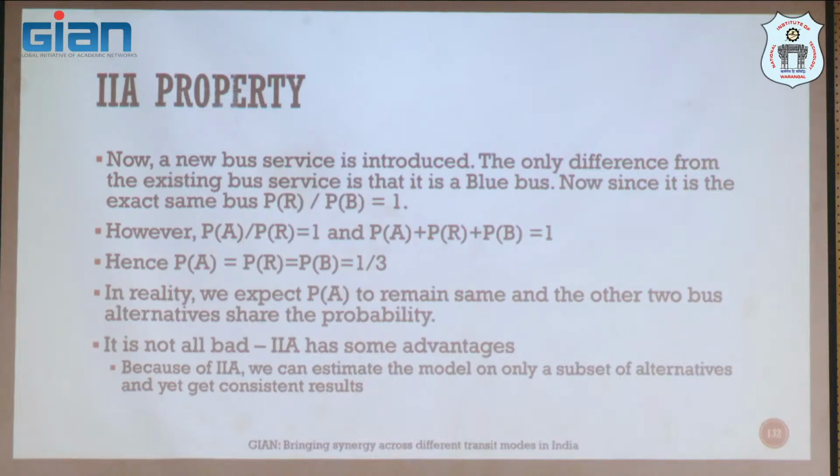As we want to do more detailed models, the number of traffic analysis zones that we want to use is increasing. For example, in Dallas, we use a 5,000 zone system. There are current cities with 8,000 zones. So, theoretically, when we are developing a model for that, every other zone is an alternative. So, the number of alternatives can go as high as 8,000 or 5,000, or in the orders of thousands.